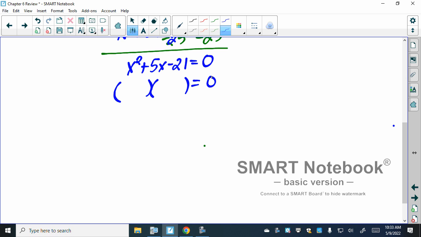If we factor it, since the 21 is negative, our signs are opposite. Factors of x squared are x and x. And the factors of 21 are 1 and 21, 3 and 7. So the one that we want is 3 and 7.